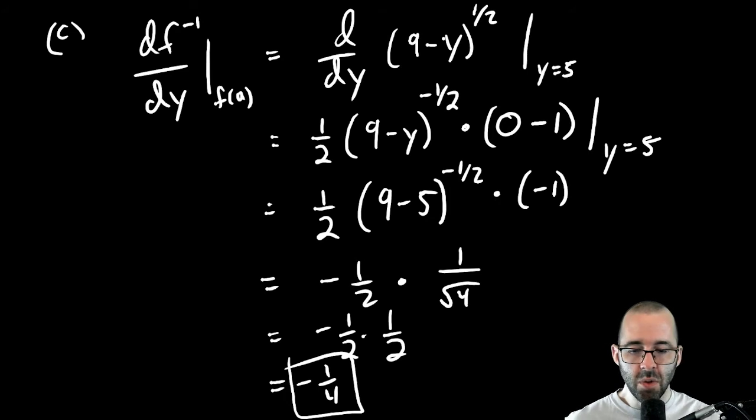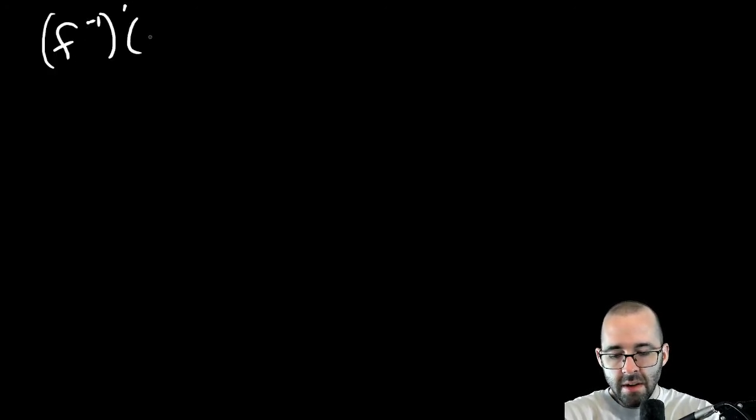So this is all the book wants you to do for this problem, but it would be a good idea to also use the inverse function theorem. The derivative of an inverse function, let's actually use the same notation. F inverse prime of x is 1 divided by f prime of f inverse of x.